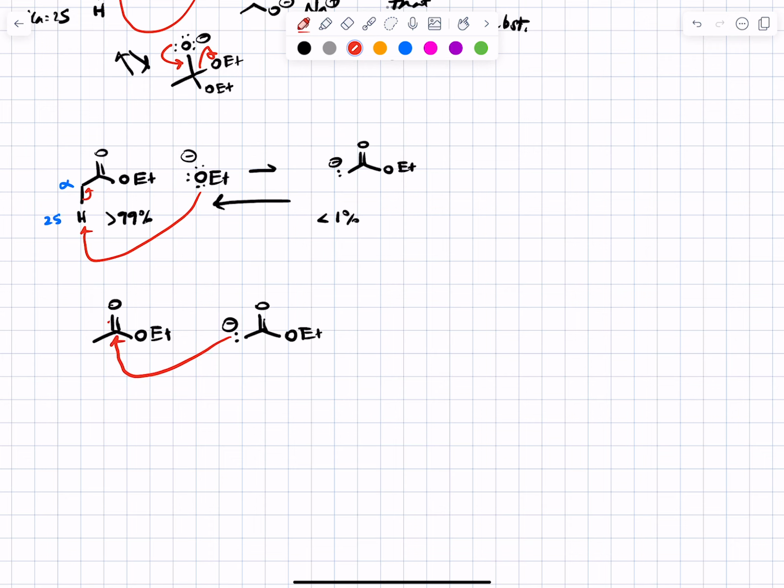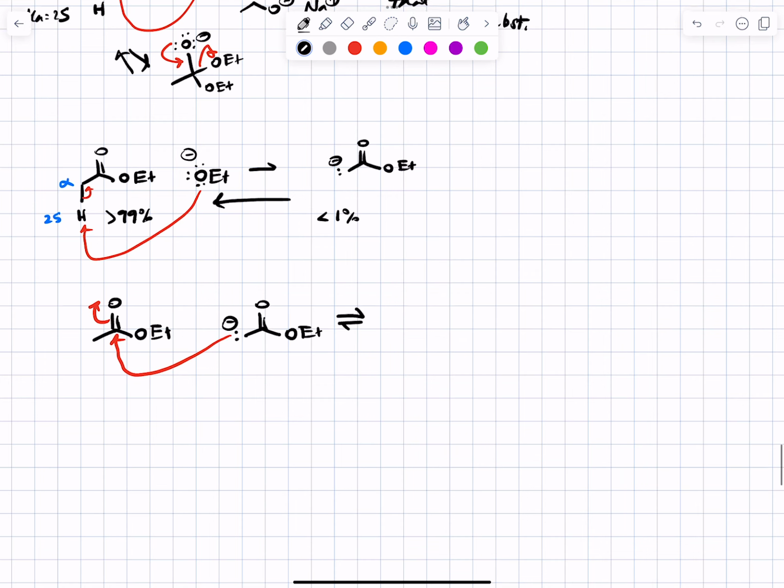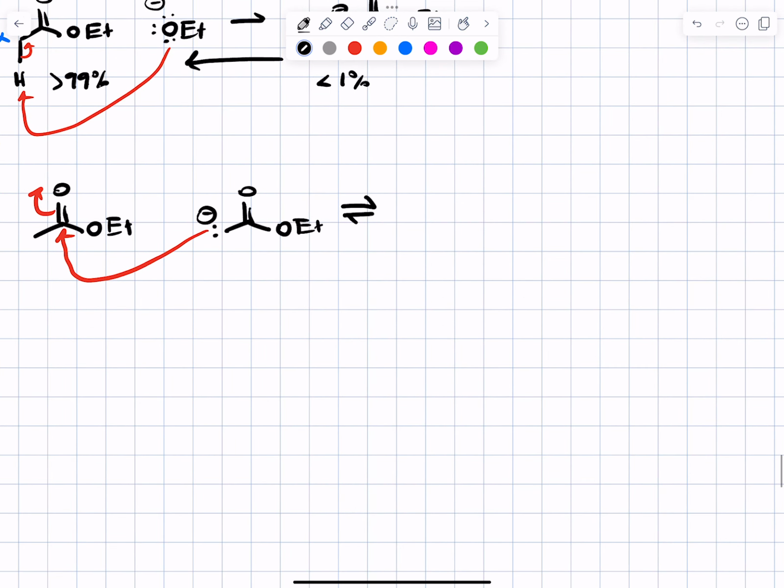Attack the carbonyl carbon, get a tetrahedral intermediate. That's exactly the same as the aldol reaction. The only difference is going to be in the structure of this tetrahedral intermediate. Here's the new bond we made between the enolate and the ester.